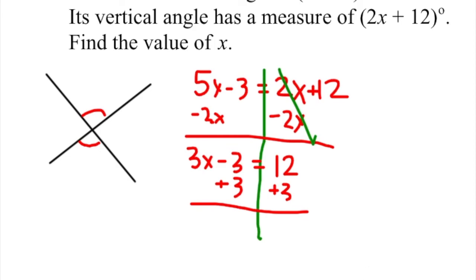Which means that these 3's will cancel out, and we can say that 3x is equal to positive 15. And then our final step would be to get x by itself, and we would do that by dividing by 3. And when we divide both sides by 3, we can say that x is equal to 5.